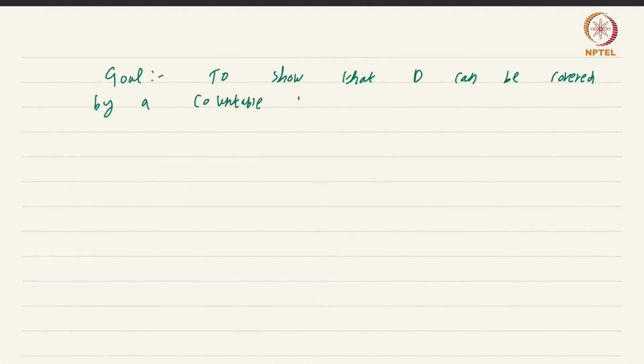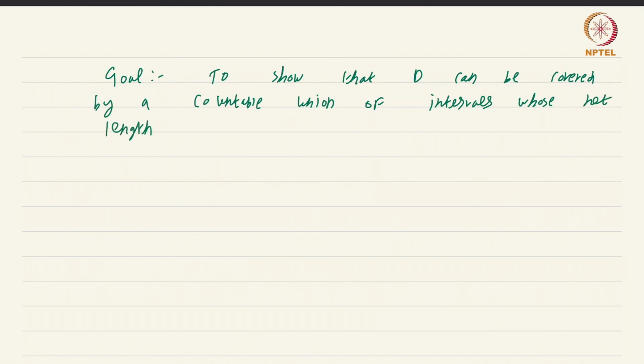Now the goal is to show that D can be covered by a countable union of intervals whose net length is less than epsilon.